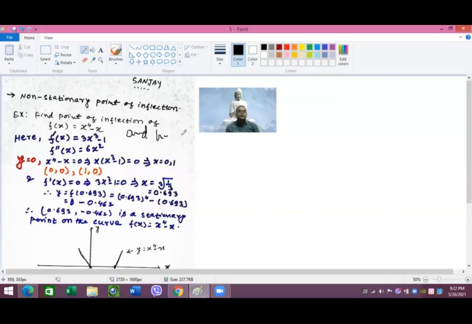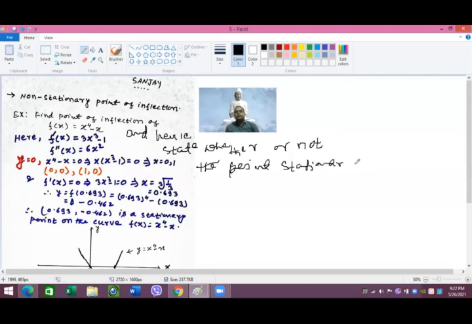Hence, state whether or not the point is stationary, that is, the stationary point of inflection.